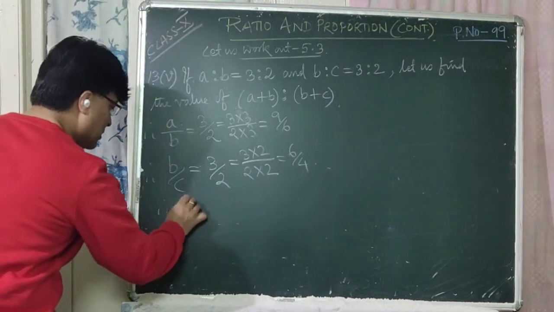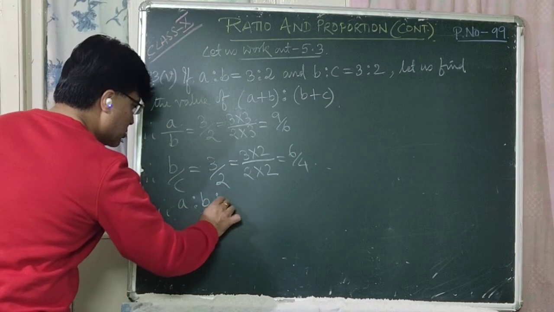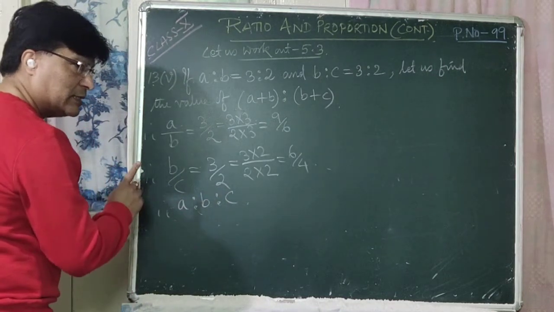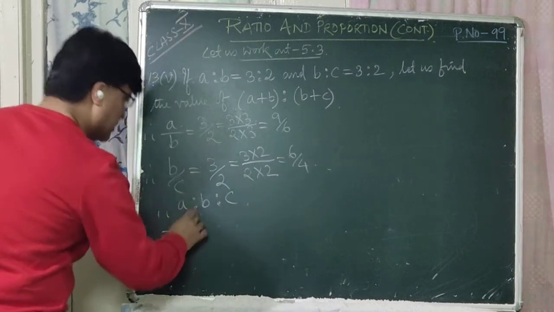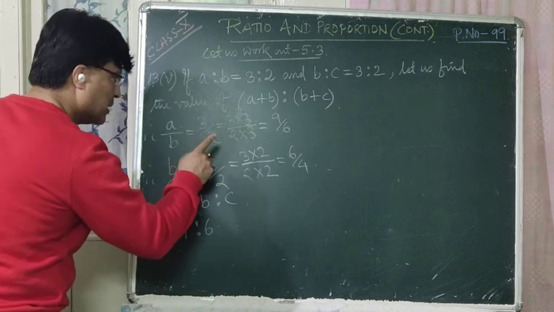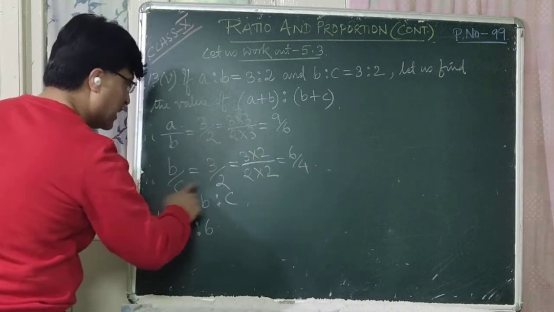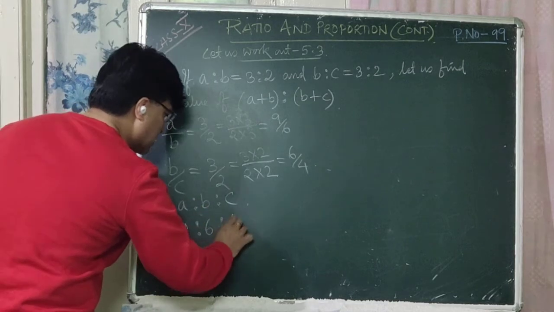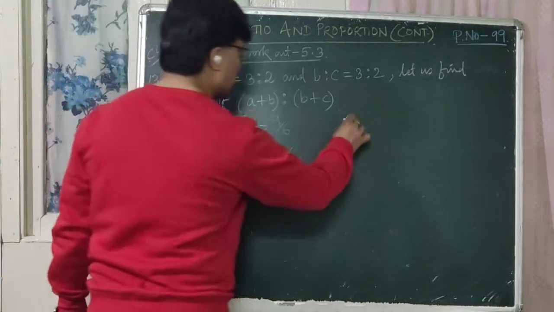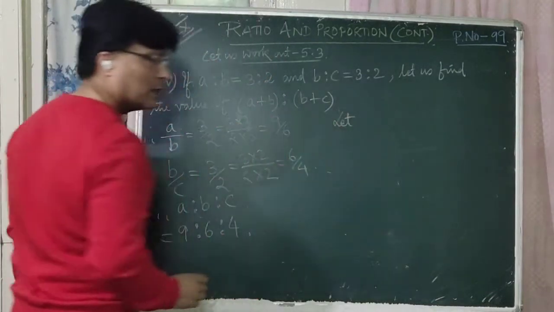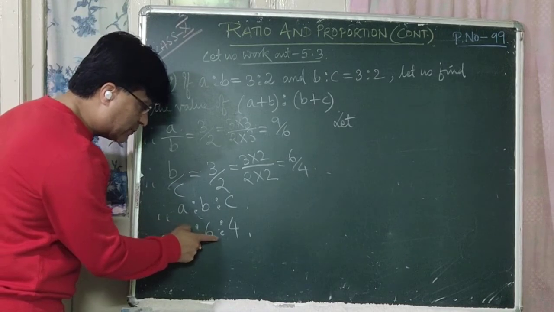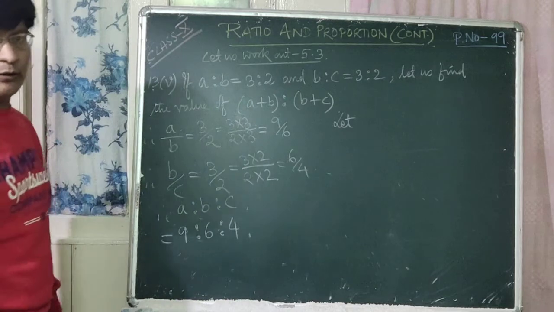That is, we can write down a is to b is to c. Right? So a is to b is to c is equal to, what is a here? 9 is to, what is b here? 6. a is 9, b is 6, and what is c here? It is 4. Right? So now in this case, if you multiply 9 by k, you should multiply this 6 by k and this c by k also.